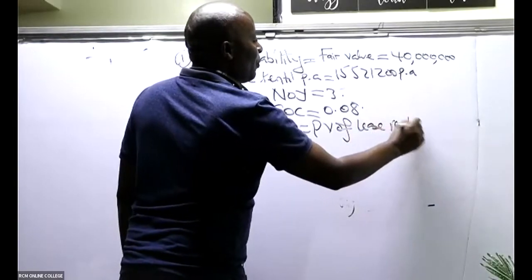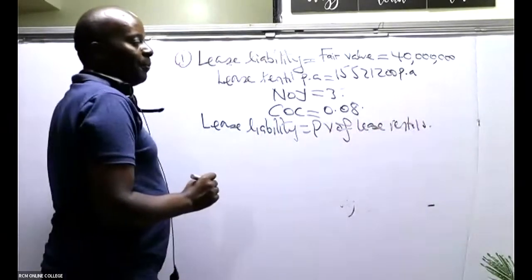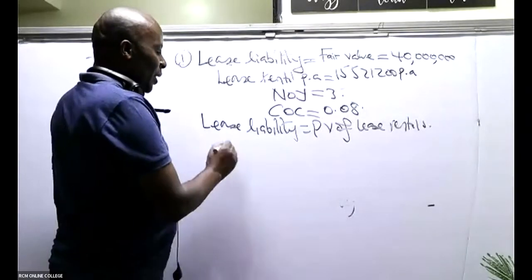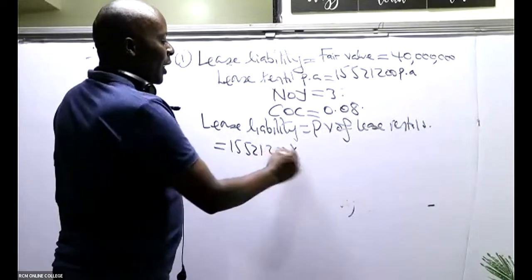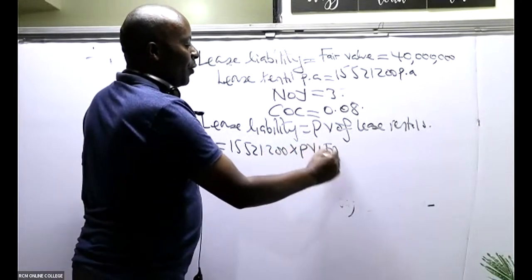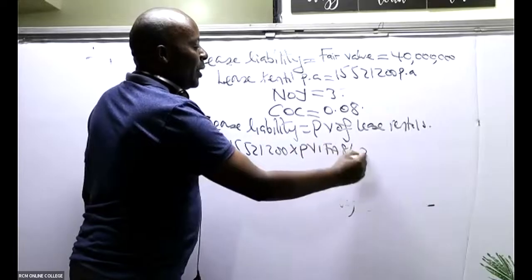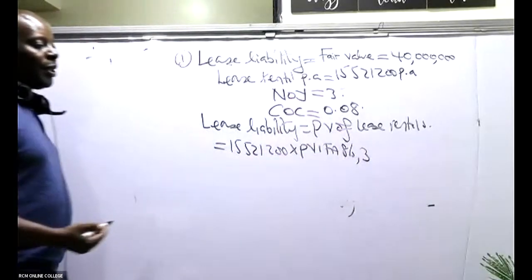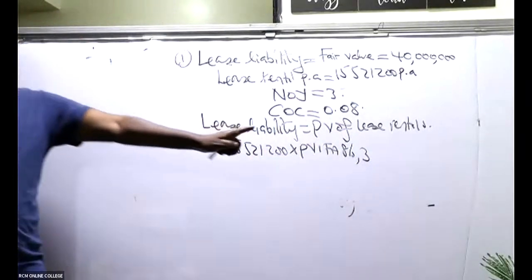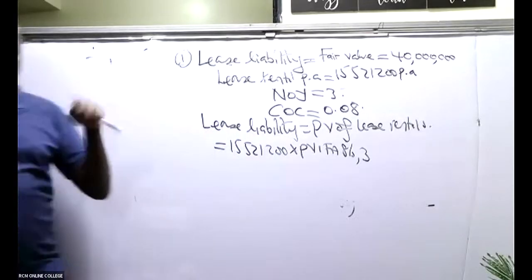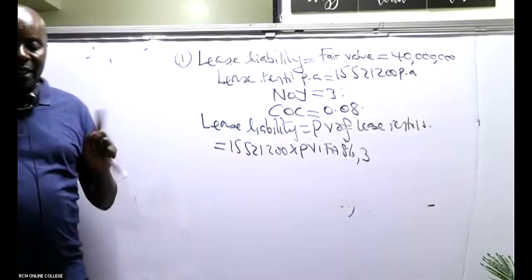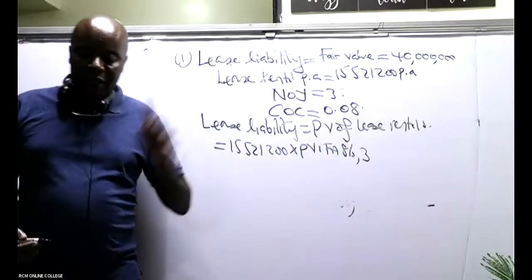So in that case, this one here would have been 15,521,200 times PV for 8%, for 3 years. I will not add 1 plus R there because this one is not being paid up front. It is only the one that is being paid up front that we normally add the 1 plus R. This one we shall leave it like that.